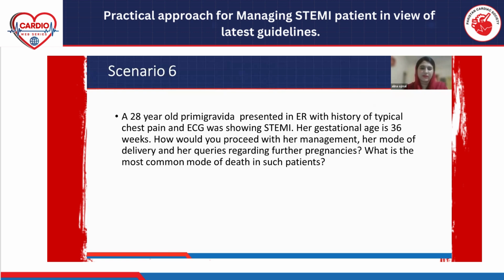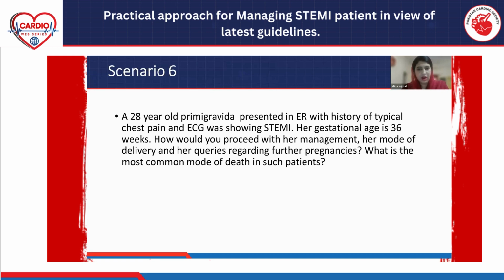What is the most common cause of death in such patients? We all know that when primigravida or pregnant females develop STEMI, they usually have the disease called spontaneous coronary artery dissection. We almost all know that. But how would we manage her?